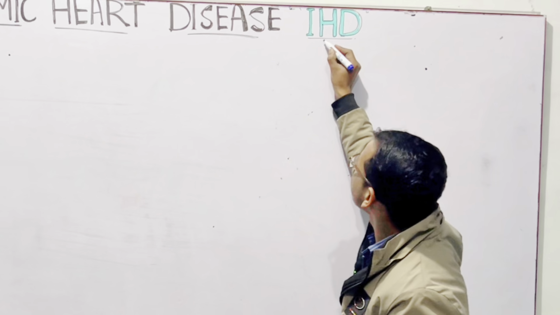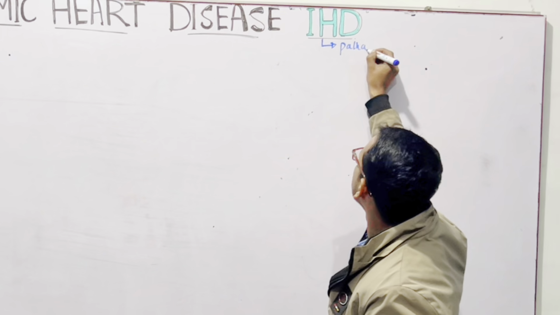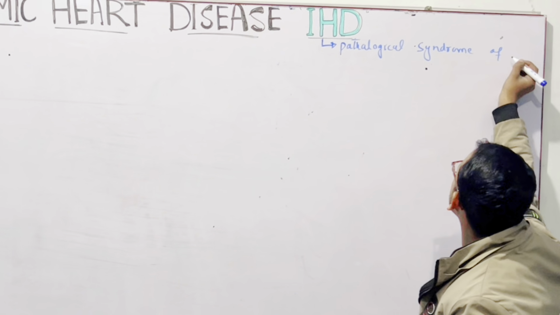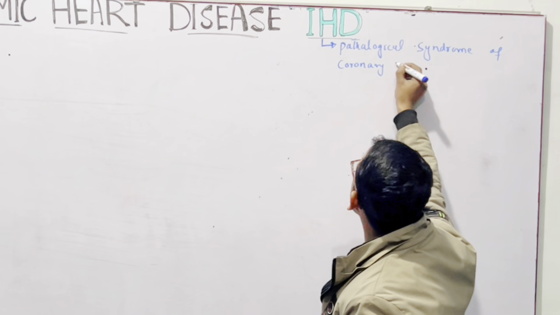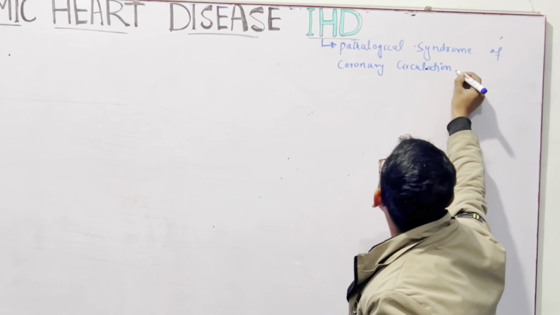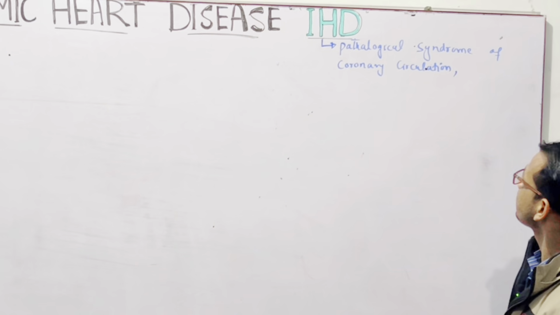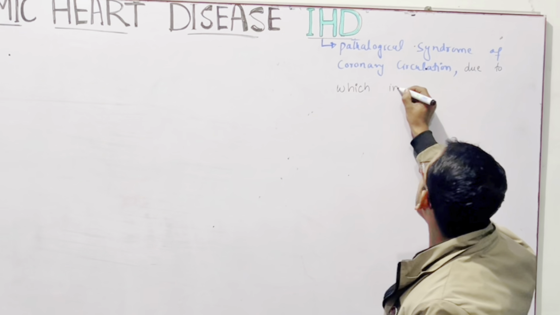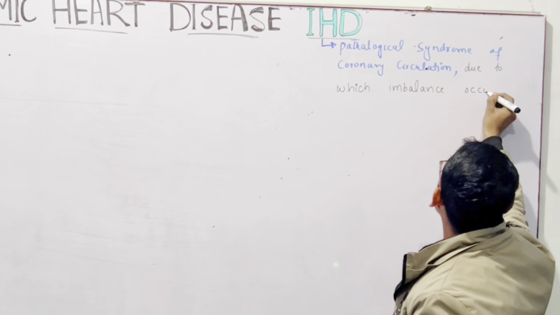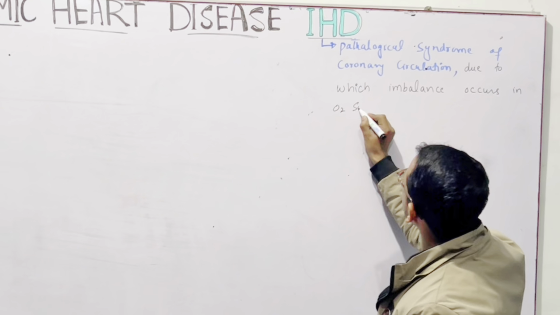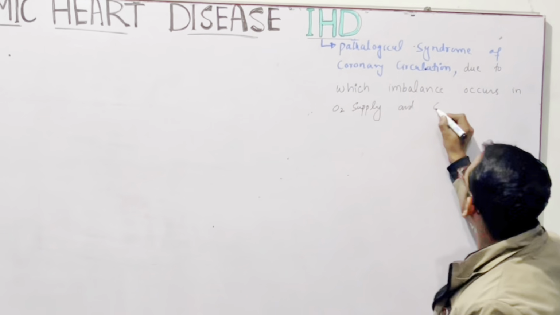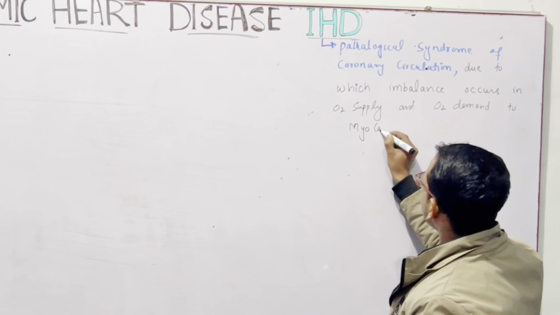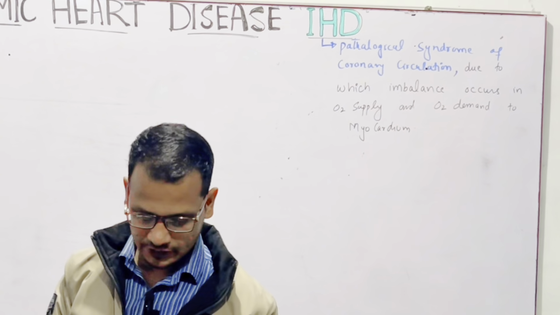Ischemic heart disease is a pathological syndrome of coronary circulation, due to which an imbalance occurs in oxygen supply and oxygen demand to the myocardium of the heart.